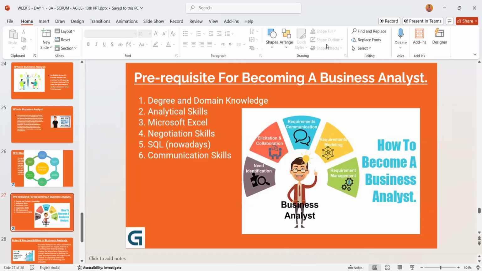Can someone guess why negotiation skill would be required? Anyone can answer. Swarupa, Ujjwala, Kajal, Aparna, Dev. Why do you think negotiation skill would be required?